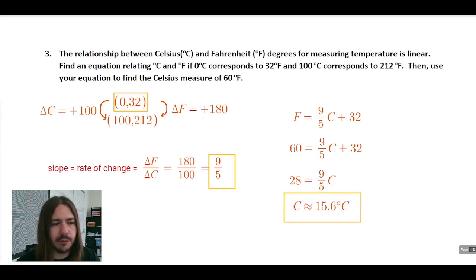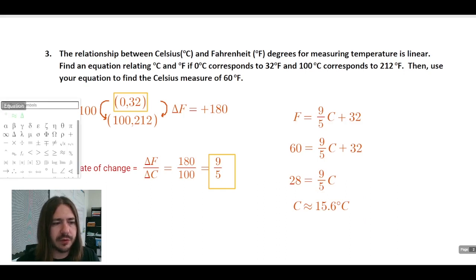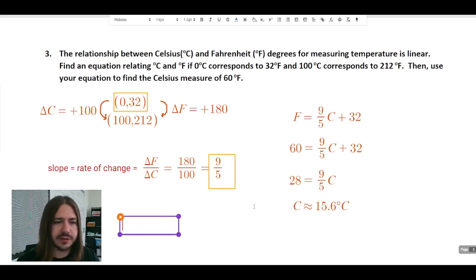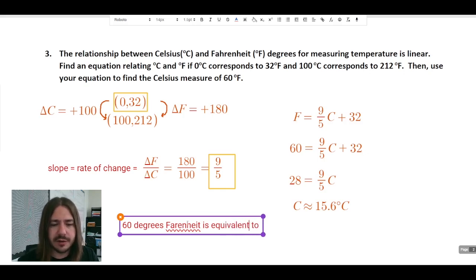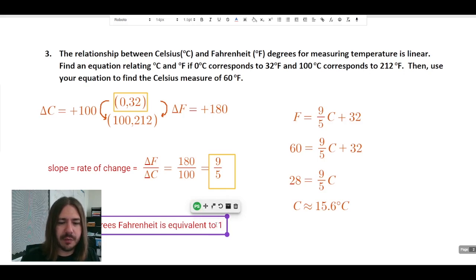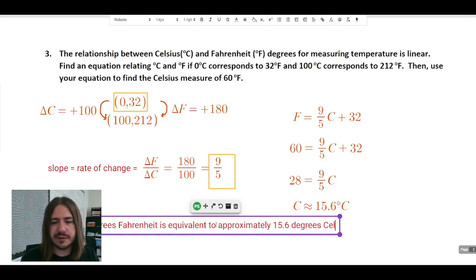Okay. And because we have our units here, we don't really need to go into more detail with our answer, but I'm just going to say something like 60 degrees Fahrenheit is equal to, or I should say equivalent to, probably a better word to use there. 60 degrees Fahrenheit is equivalent to approximately, because it's not exact, 15.6 degrees Celsius, C-E-L-S-I-U-S.